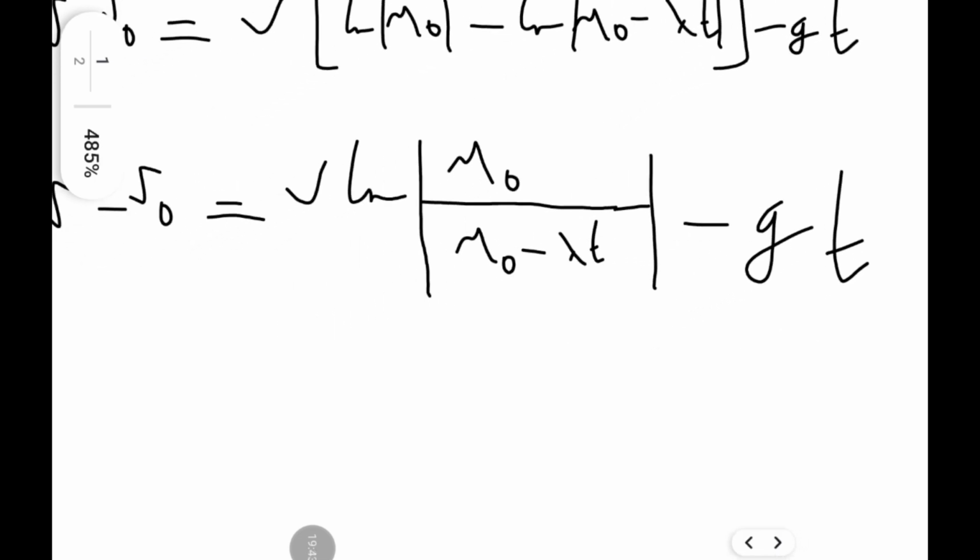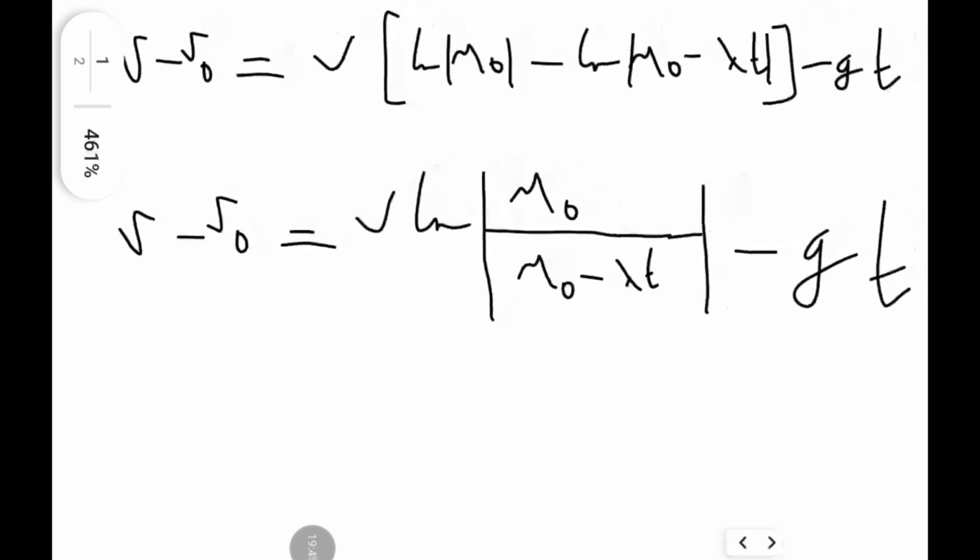So we've got it into this format here. This is the equation we've got. V minus the initial velocity is equal to u lambda, the natural logarithm of m0 over m0 minus lambda t, minus gt.